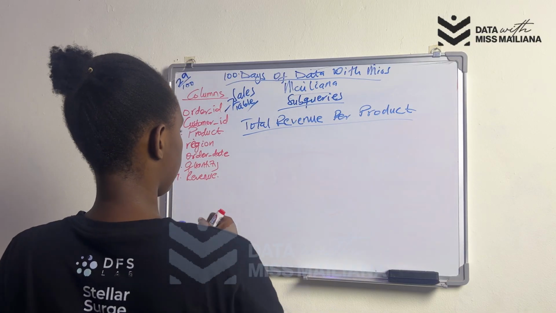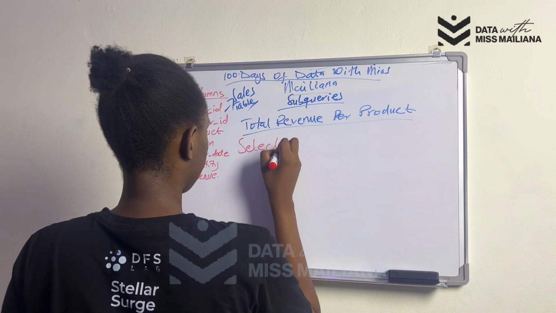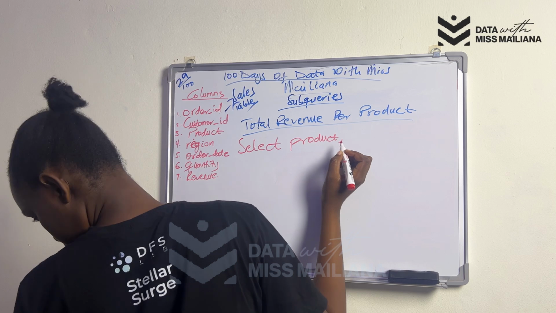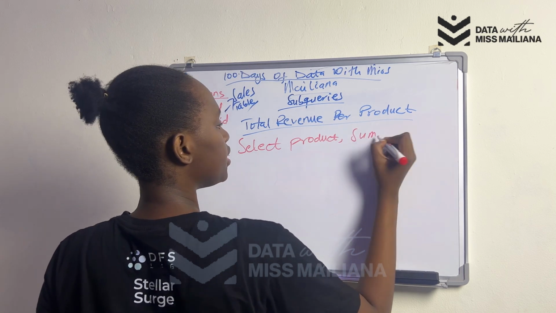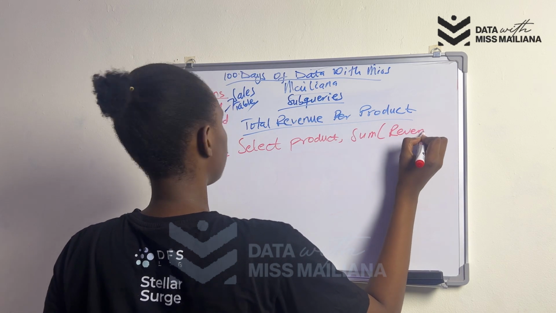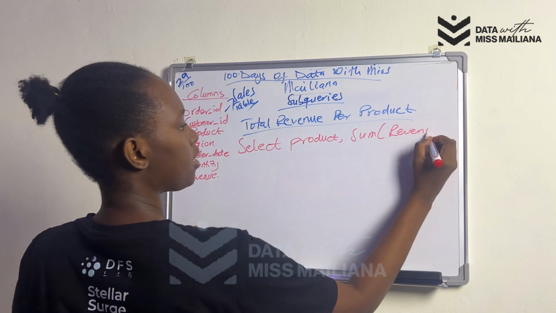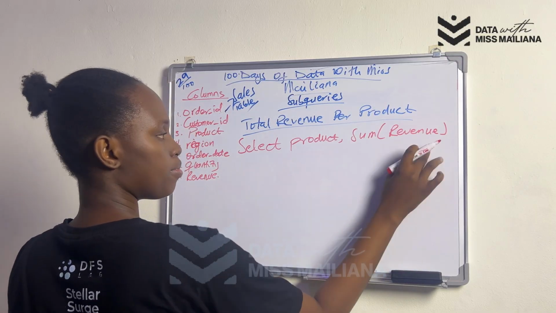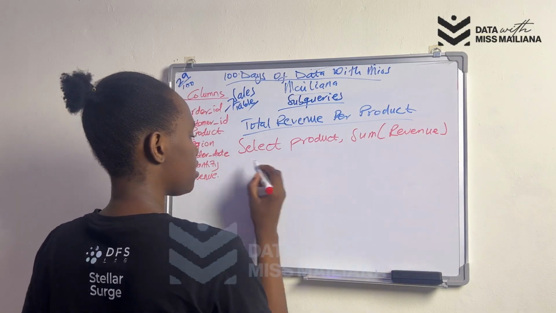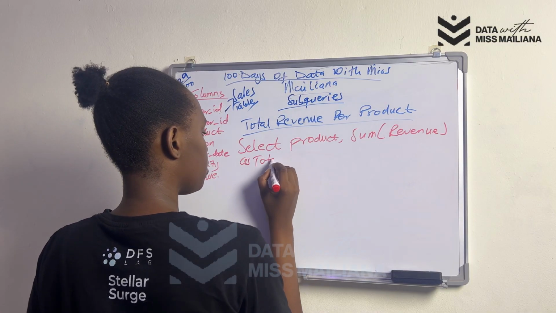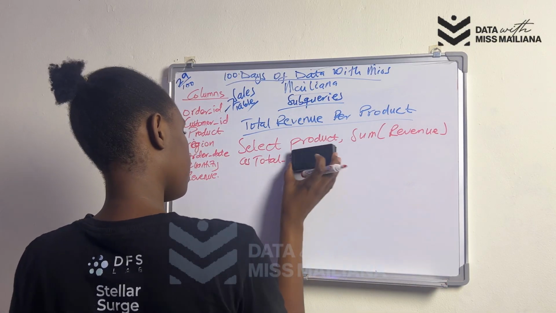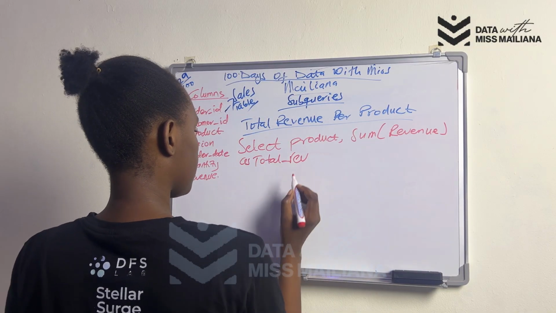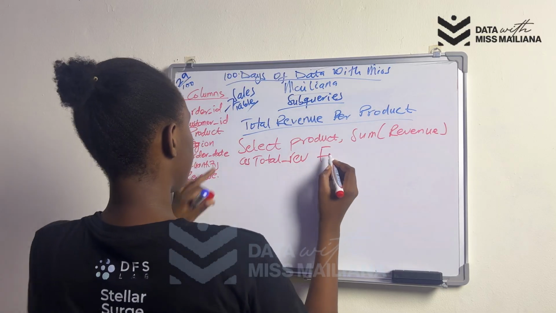This is how the query is going to be written. Select product, comma, you sum the revenue, and we name the sum as total_revenue. Then we take it from the sales table.